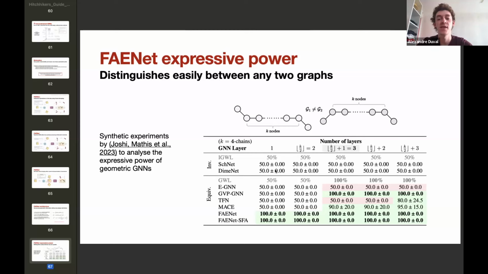Well, if you look at methods like MACE, to be able to distinguish between them, as they're locally equivariant, you need to have the full picture of the graph to tell that they're different. So you need the information from the right-hand side to be passed to the left-hand side in order to capture that the relative orientation is different. And that could be a strength of this line of methods.